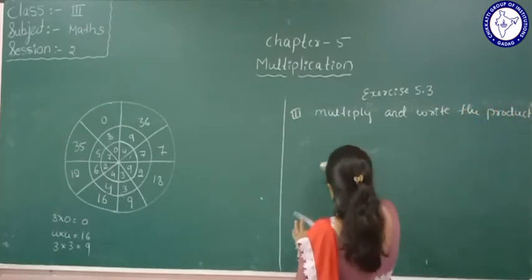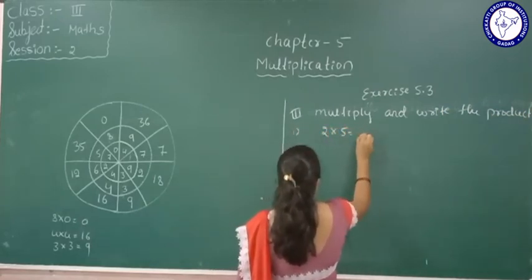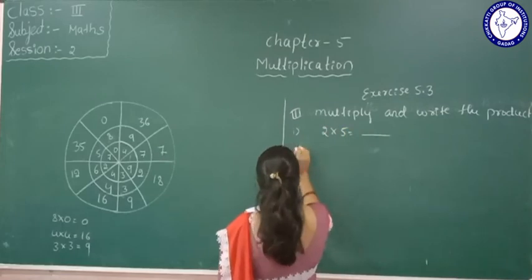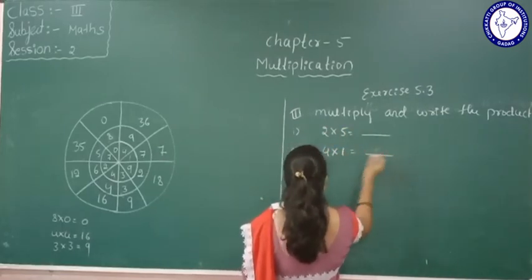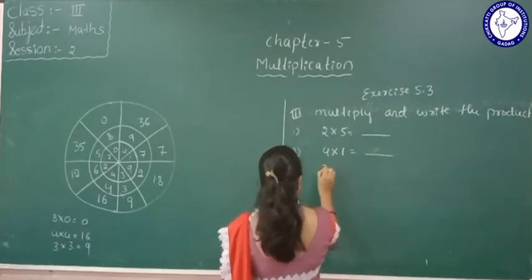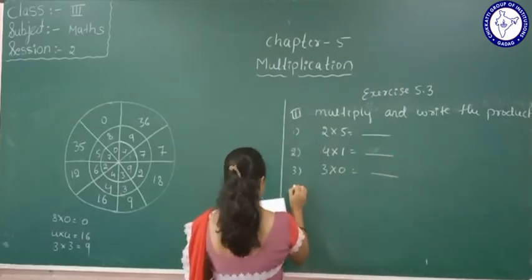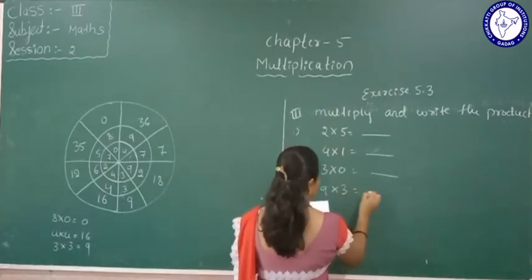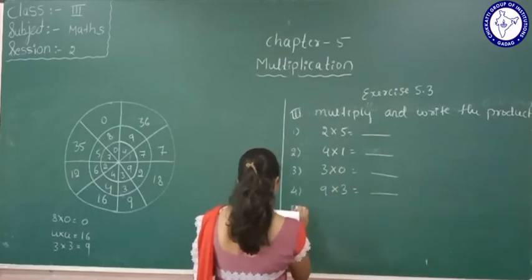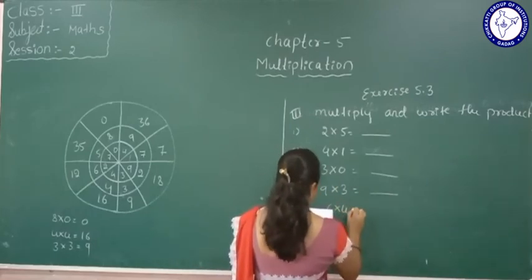First one, 2 into 5 is equal to how much? Second one, 4 into 1 is equal to how much? Third one, 3 into 0 is equal to dash. Fourth one, 9 into 3 is equal to dash. Fifth one, 6 into 4 is equal to dash.